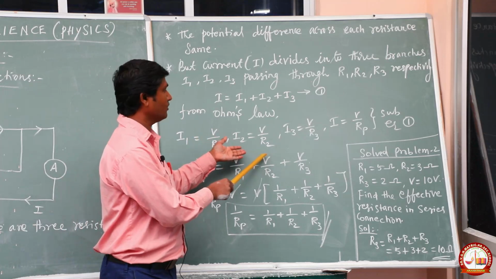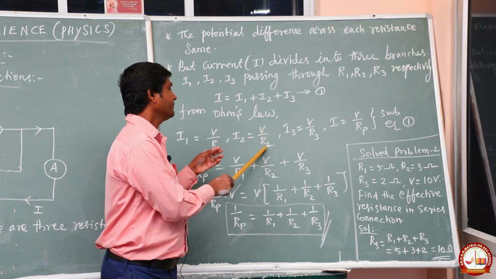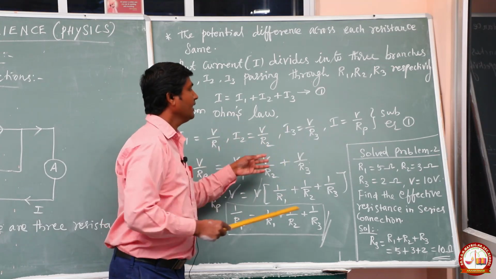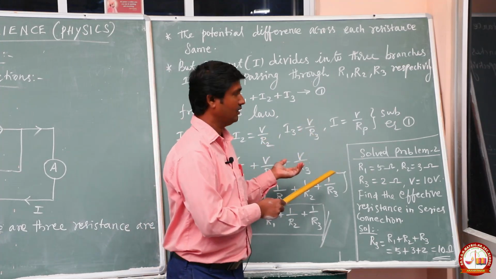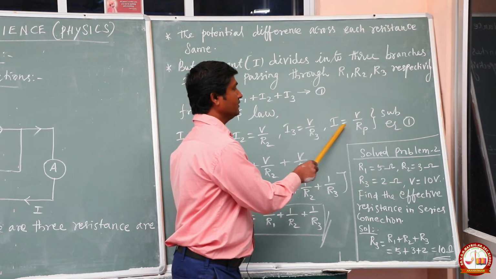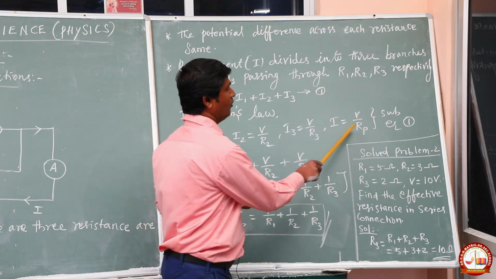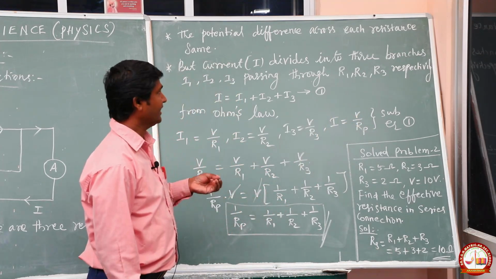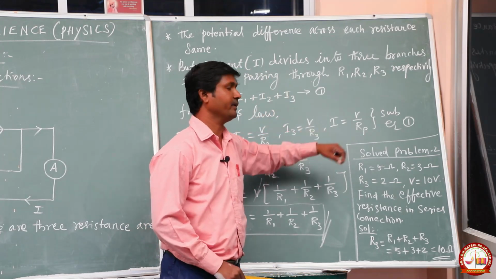Similarly, I2 is equal to V by R2. Similarly, I3 is equal to V by R3, and capital I is equal to V by RP. What does RP mean? RP is the resistance in parallel connection, resistor in parallel connections.